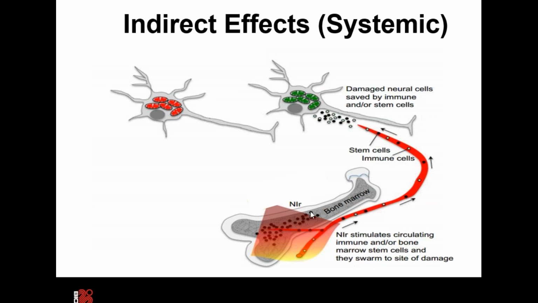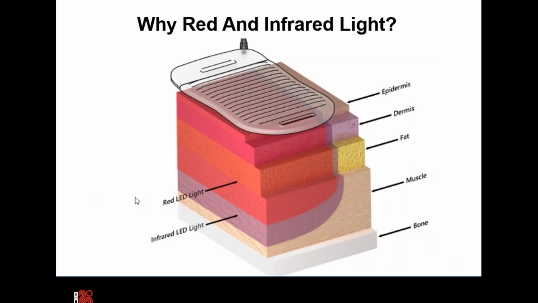And when they're stimulated, the effects can be carried or mediated in the blood in and around the area of the injury or the disease, and it actually helps improve the metabolism and the repair of those cells that lie deeper. So, for example, if you're treating a knee joint, even though that light might not penetrate directly into the knee joint, you will get the indirect effects or systemic effects because you're stimulating the blood as well.